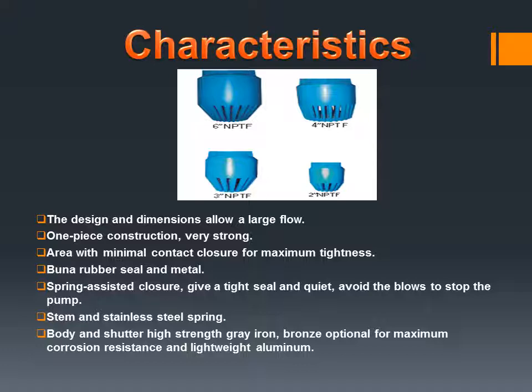Spring-assisted closing gives a thin steel and quick closing to stop the flow to the pump. Stainless steel spring. Body and shutter of high strength, grade iron. Bronze optional for maximum corrosion resistance, and lightweight aluminum.